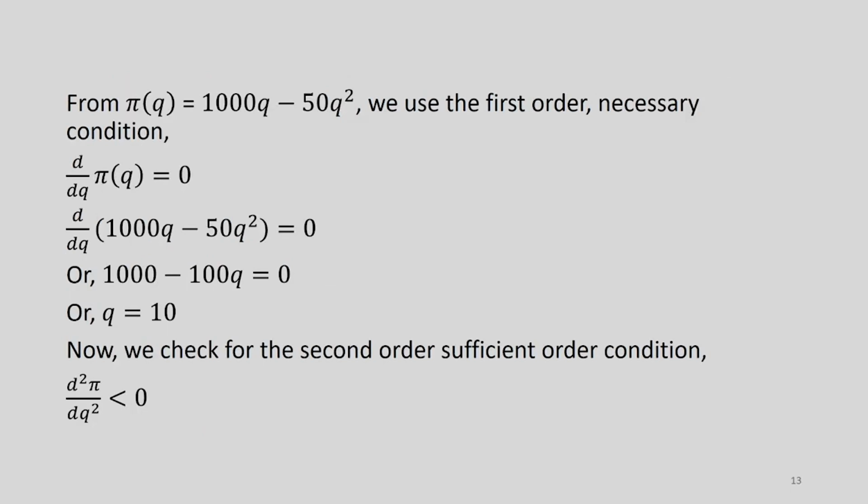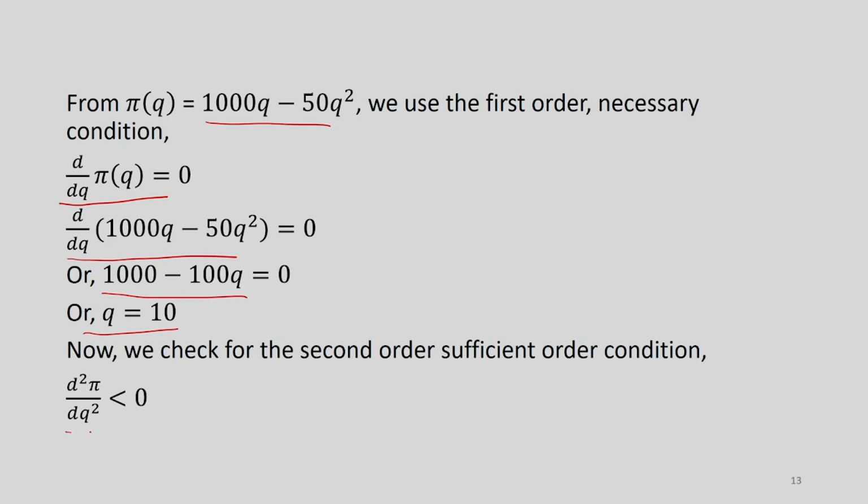And as usual, we use the first order necessary condition. We take the first derivative of the profit function, set that equal to 0, that is d/dQ of 1000Q minus 50Q square is equal to 0. That gives me 1000 minus 100Q is equal to 0, that is Q is equal to 10. What about the second order condition?